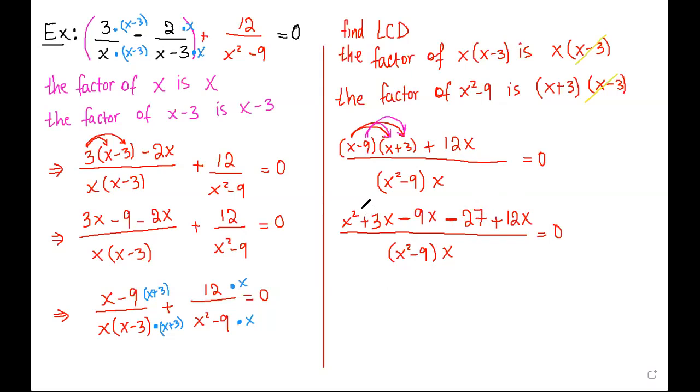Again, we have to simplify the numerator in this fraction. I have x squared plus 3 minus 9 plus 12 is, 3 minus 9 is minus 6, plus 12 is plus 6x, minus 27, over x times x squared minus 9 equals 0.